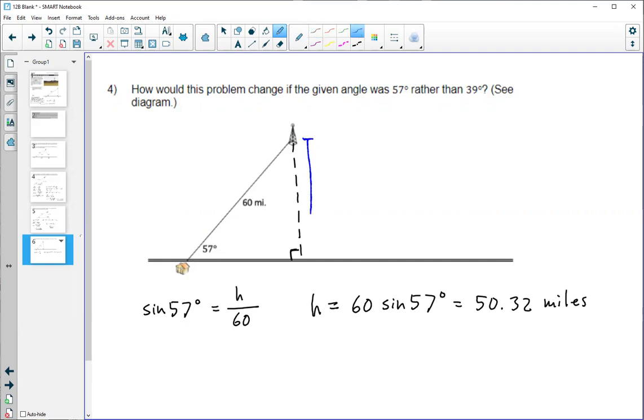So the signal may only go down to here, which is 45 miles, and this whole distance is 50.32 miles, just a little more than 50 miles. So the problem would change: Ben would not get reception at all if it was that far away, because the signal does not reach 50.32 miles. All right, that's the end of this video. Thank you.